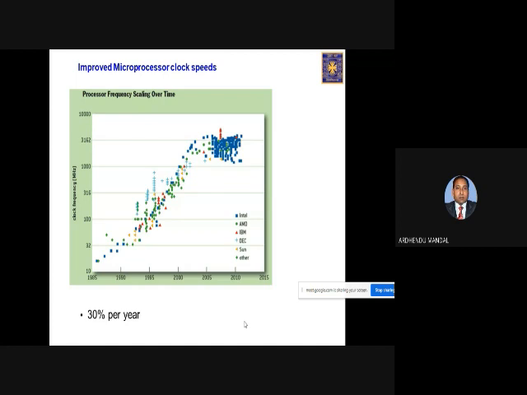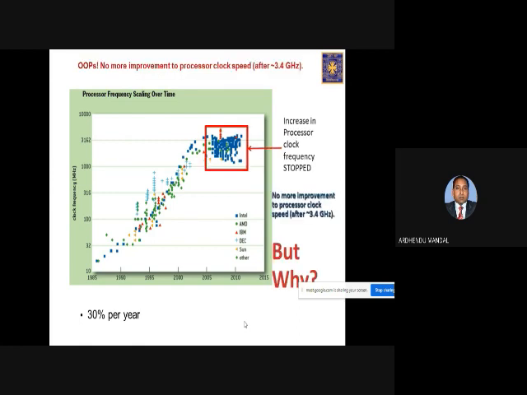And we can check how the frequency has increased. On average, clock frequency increased by 30% per year, at least up to 2010. That is one reason that we now have faster processors. But what happened suddenly around 2010 is that the clock frequency improvement became almost stagnant.